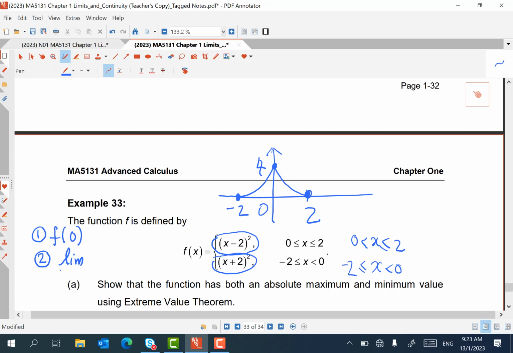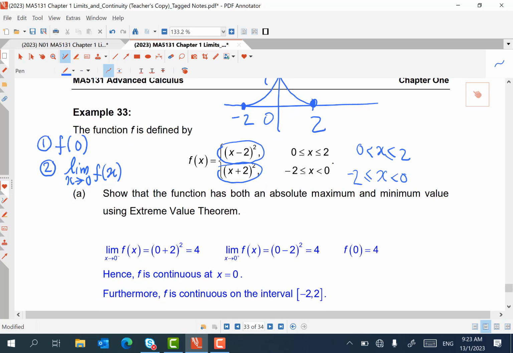The limit exists. And thirdly, the limit equals f(0). You have checked these three conditions.